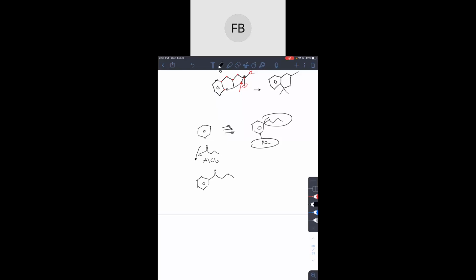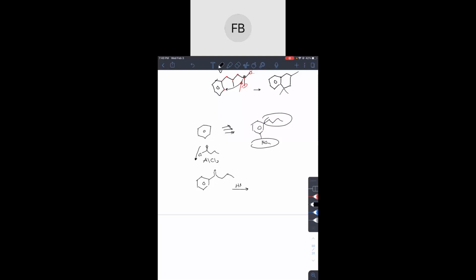And then after that, we're just going to add the NO2, because if you look at this group, a C with a double bonded O, it's still deactivating, but it's much closer to being activating. It's less deactivating than NO2. So we should just attach our NO2 on here now.